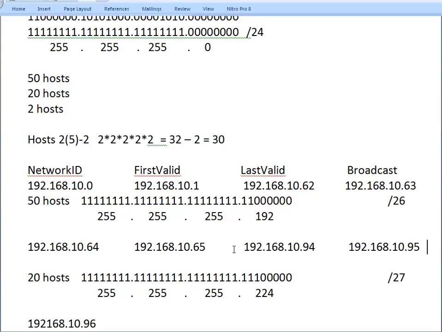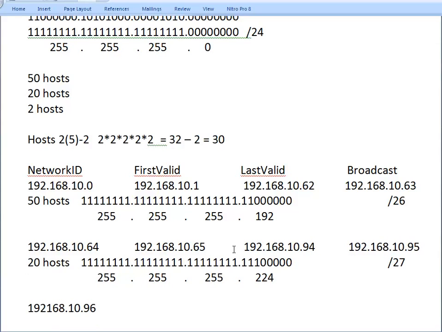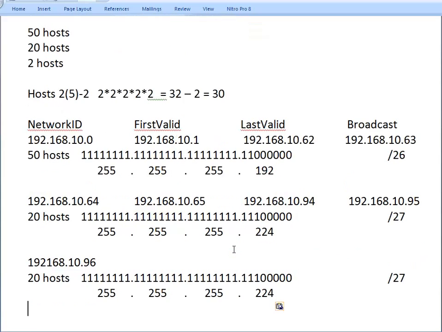Now we just found the second network as well. For the third network, for which we need only 2 hosts, I'll copy this stuff. Now we need only 2 hosts. So we can leave only 2 zeros.